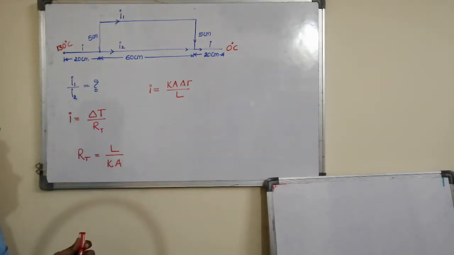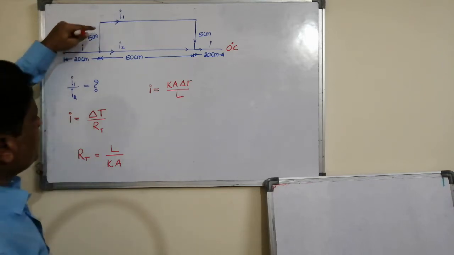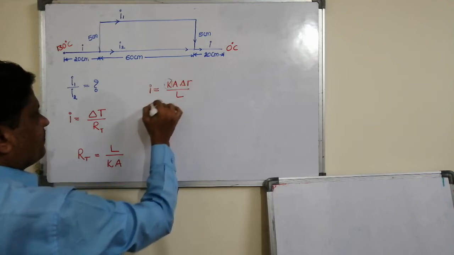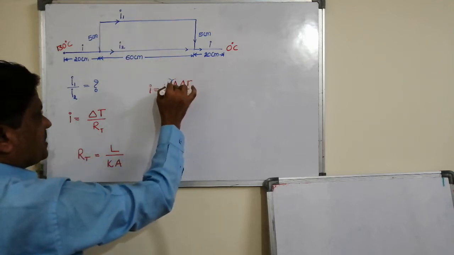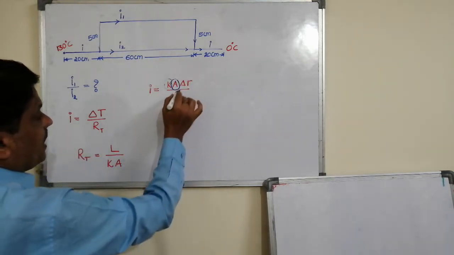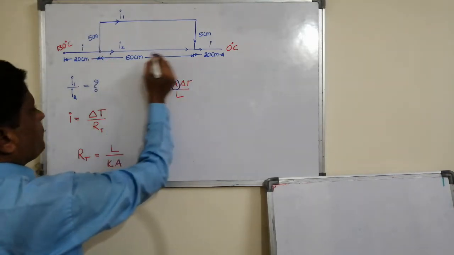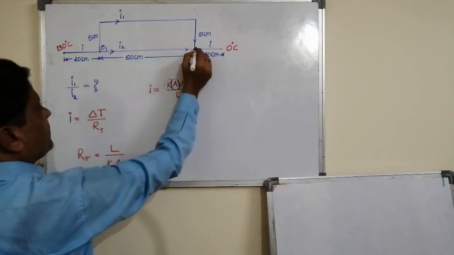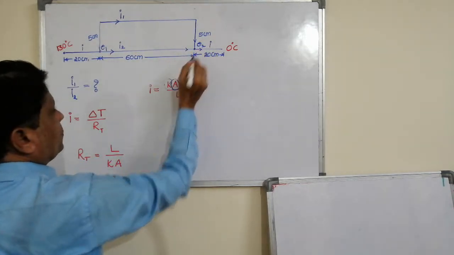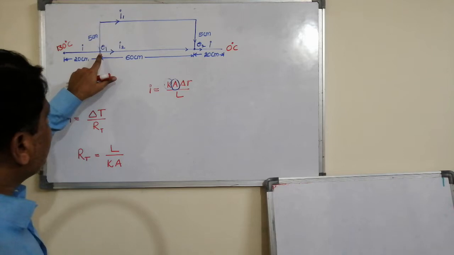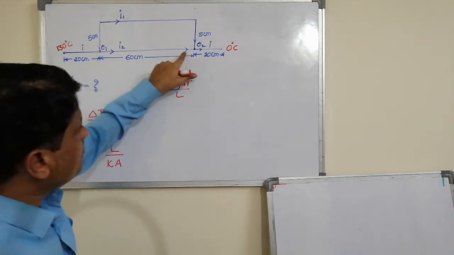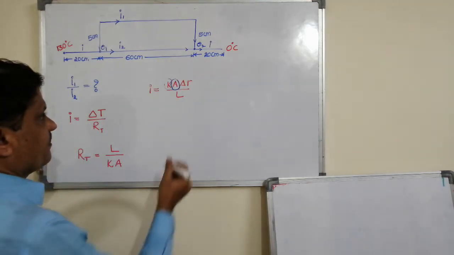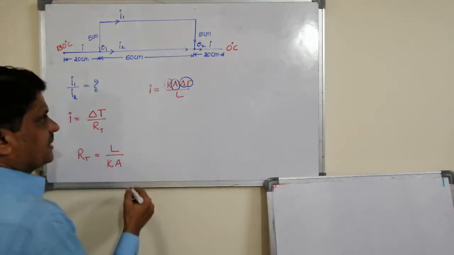Today what I want to say here is, if I take the conductors, this portion and this portion have the same K, and both conductors have the same A, and both have this end and this end, suppose at theta 1 and theta 2. Then the temperature difference between this portion and this portion remains the same.